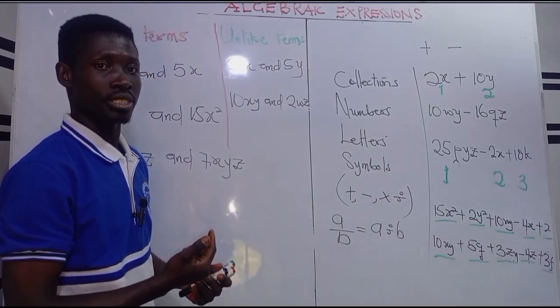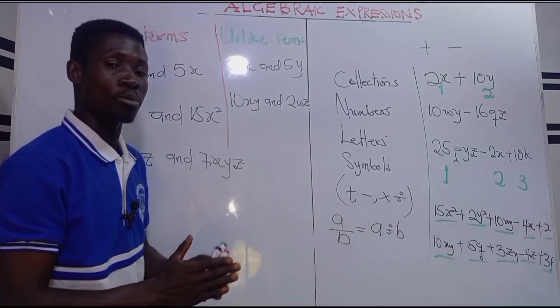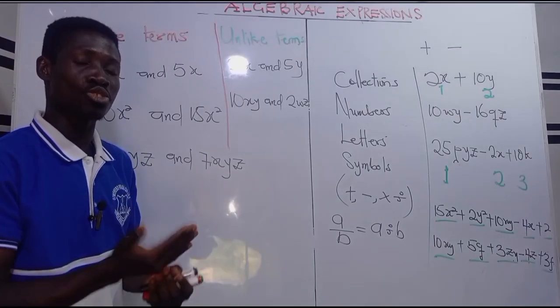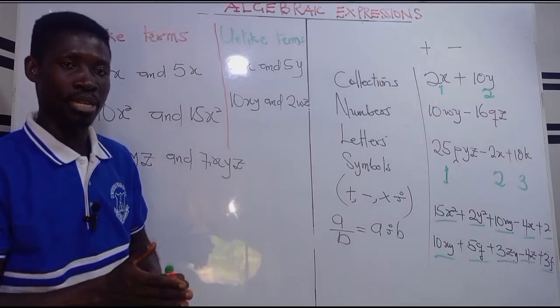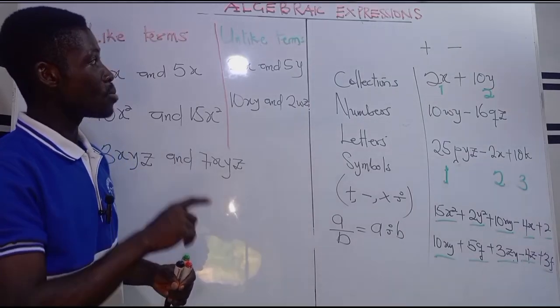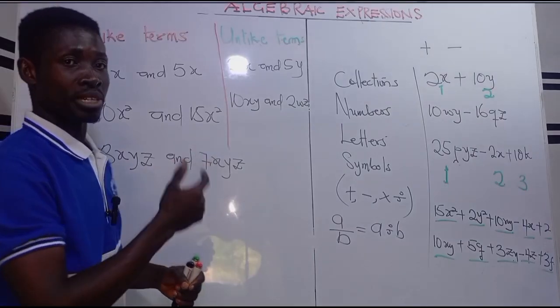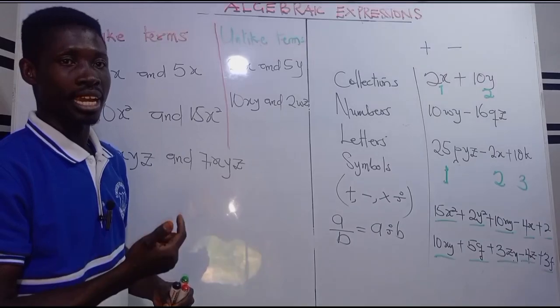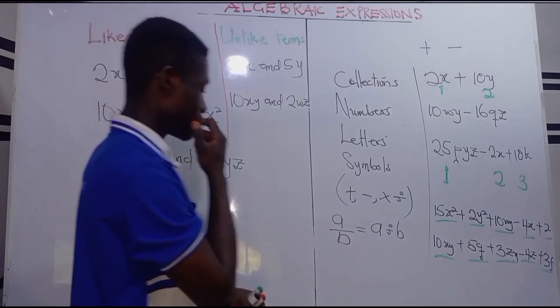I guess you are following. And I believe you can give examples of like terms and unlike terms. And when we are being asked to group like terms and unlike terms, you can do so. So let's make more progress by grouping an algebraic expression into like terms or unlike terms. Is that clear? Very good.